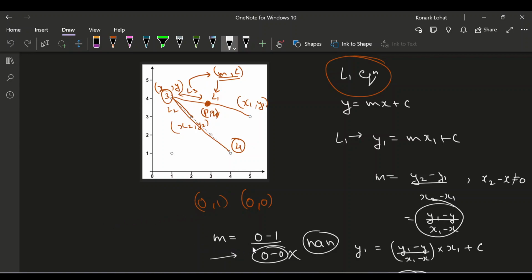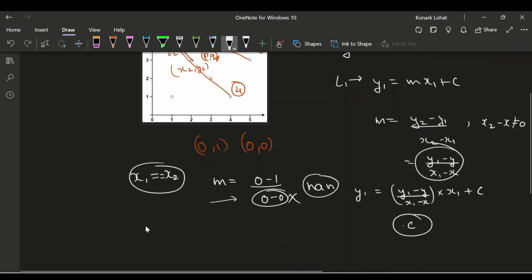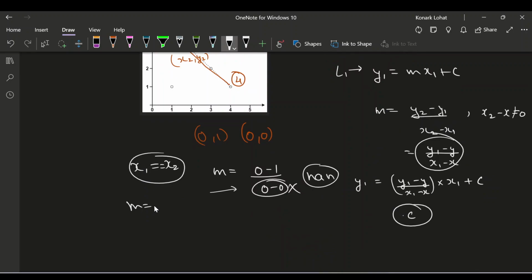Because if you take this into consideration, that if x1 is equal to x2, then we can have this condition overlooked. But this is also a problem. Why? Because then you will be giving m a default value that is infinity, or let's say minus infinity or something, right? You will be giving some value.